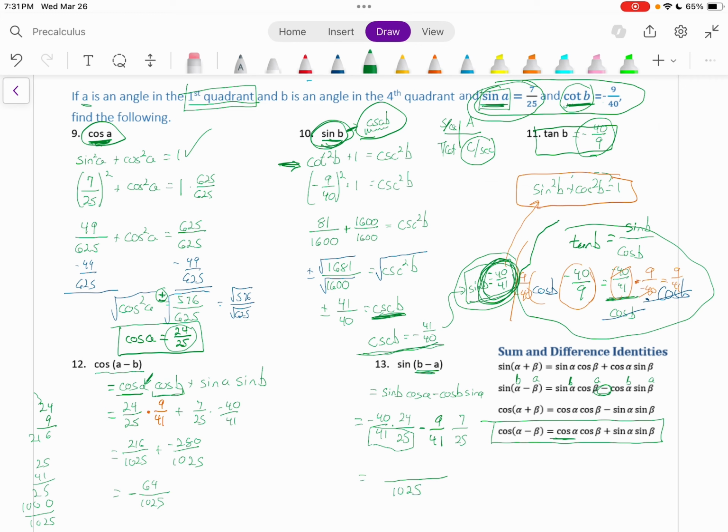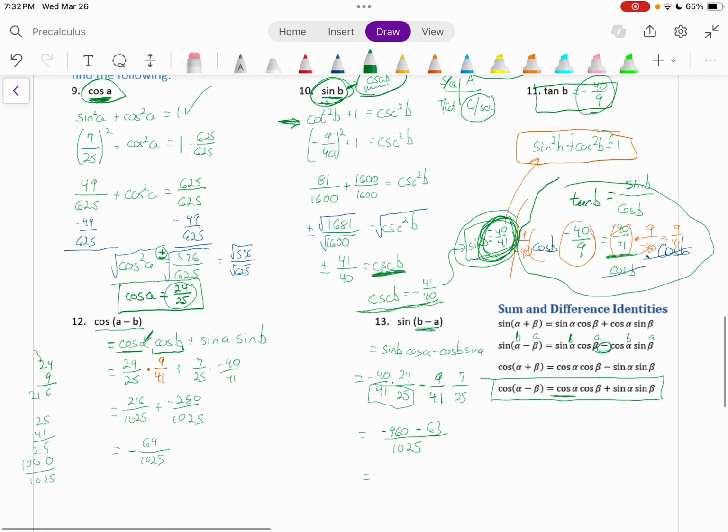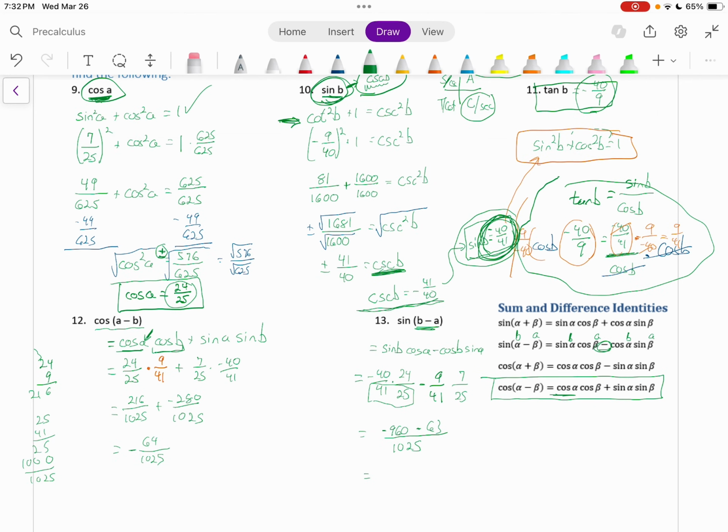Negative 40 times 24, that's going to be negative 960, minus 9 times 7, which is 63. And so the answer for this one is, subtract those, you get negative 1,023.